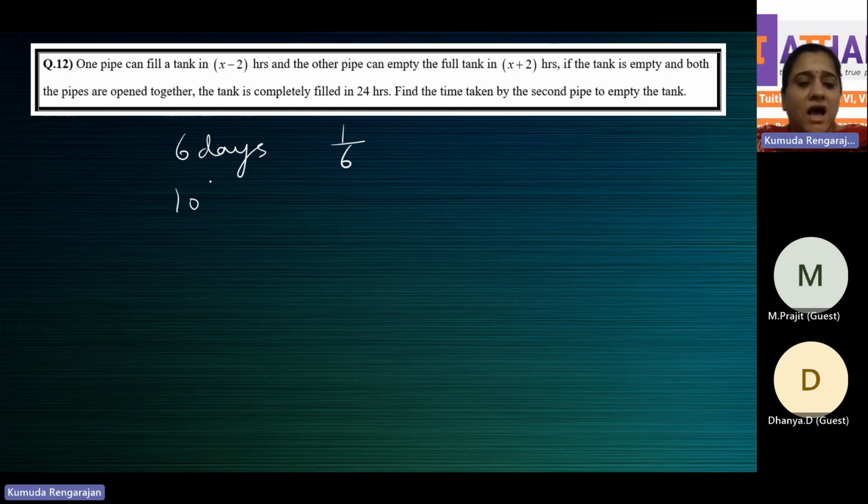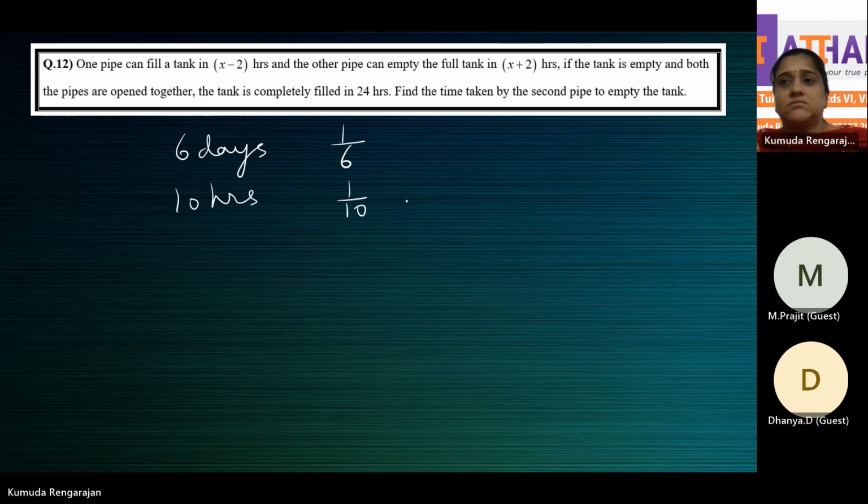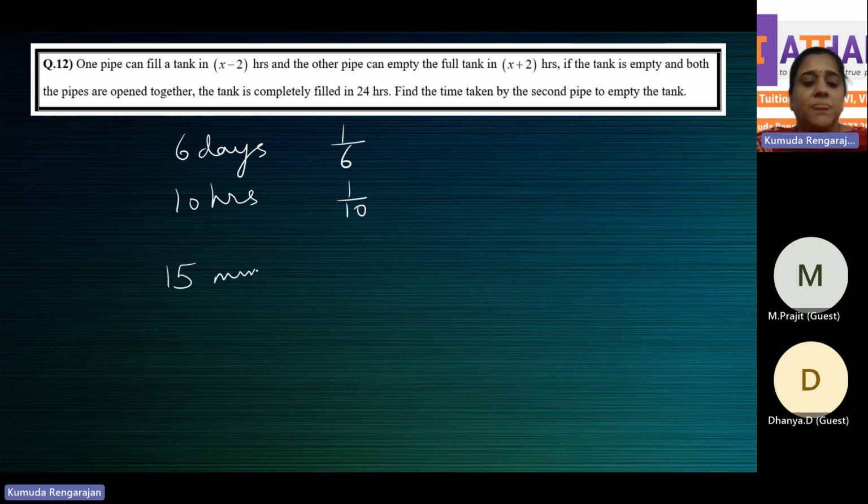If you take 10 hours to complete a task, you're going to complete 1/10 of the work every hour. If you take 15 minutes to complete a task, you're going to complete 1/15th of the work every minute.